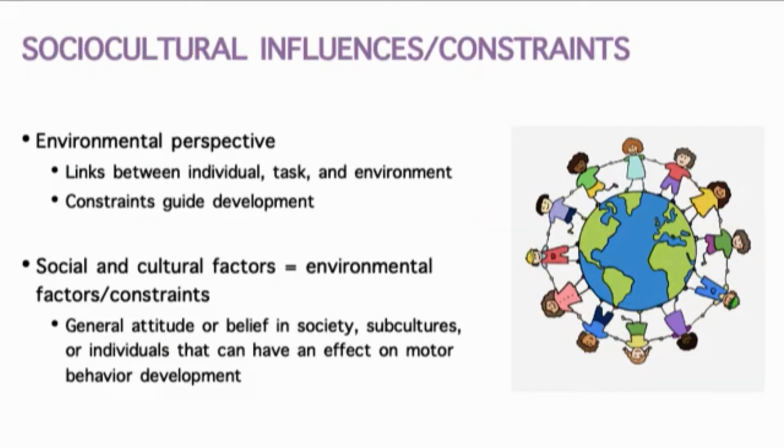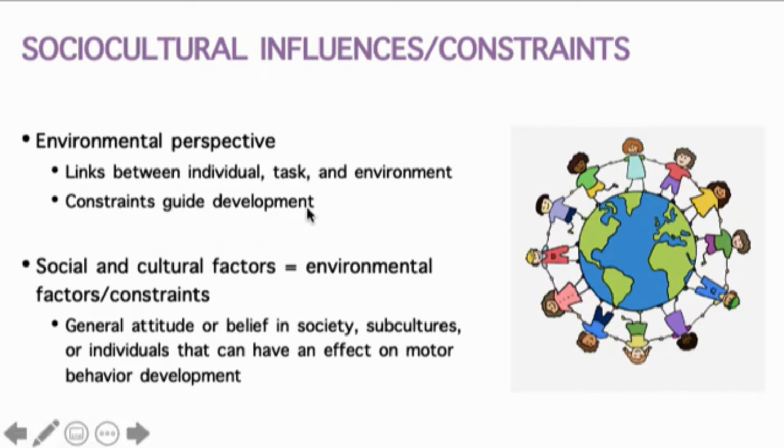From an environmental perspective, we already know, right, Newell's model being the major theory that we've been pointing at this entire semester. We know there are links between the individual, task, and environment, and sometimes these links can be a little more fluid than others or less clear-cut, but they do constrain or guide development, right?